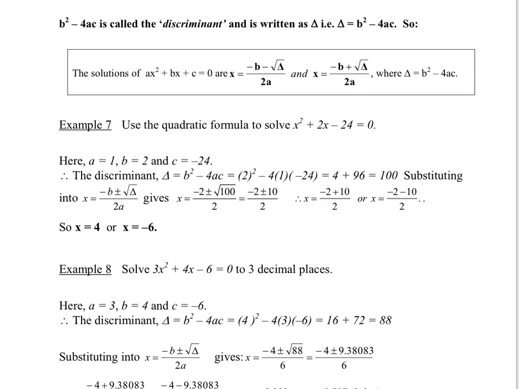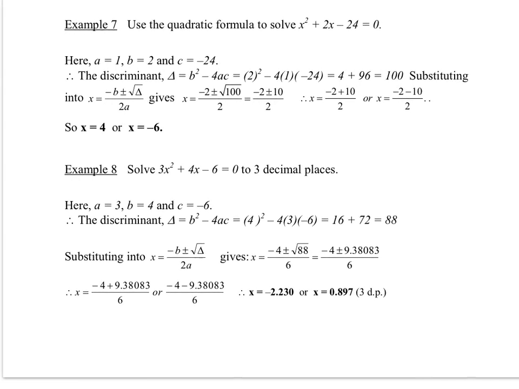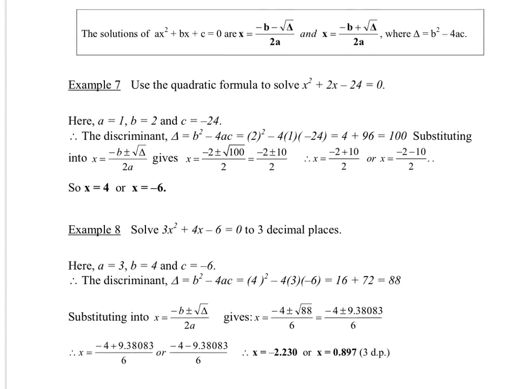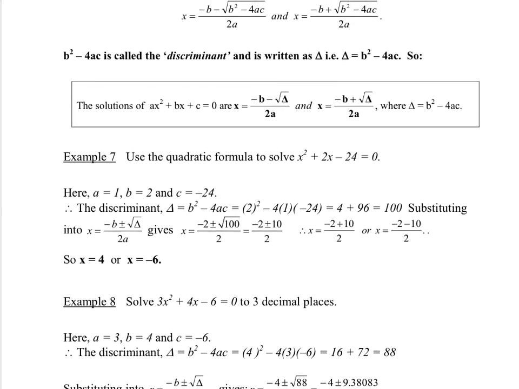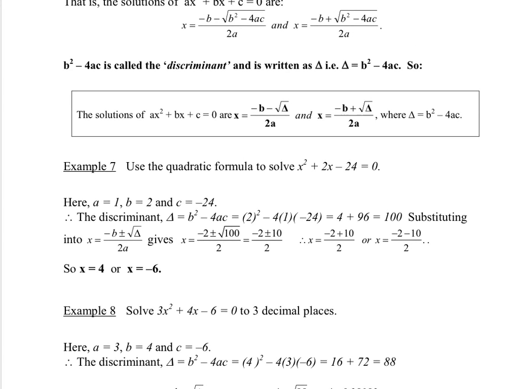In example 7, using the quadratic formula to solve x squared plus 2x minus 24, the key thing is to pick off what your a, your b, and your c are.